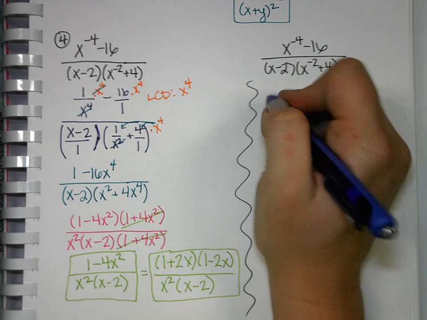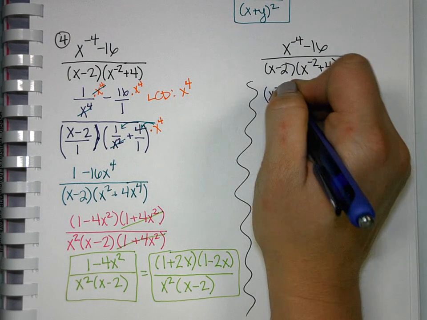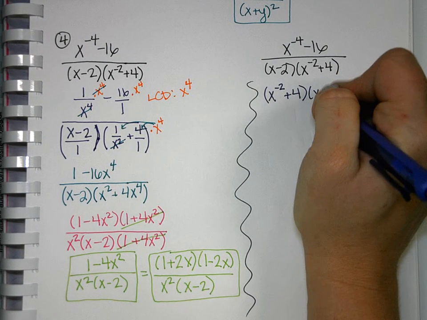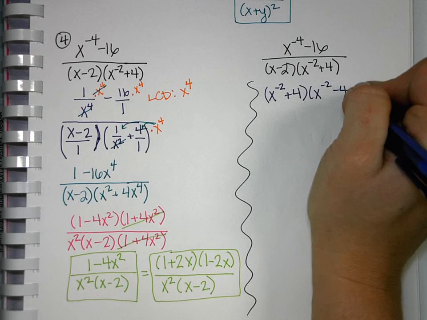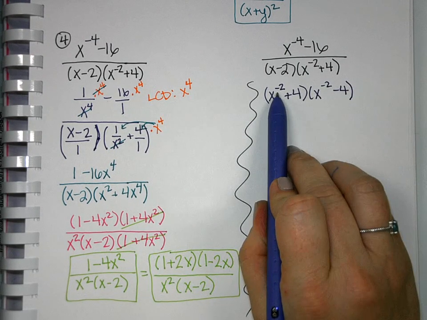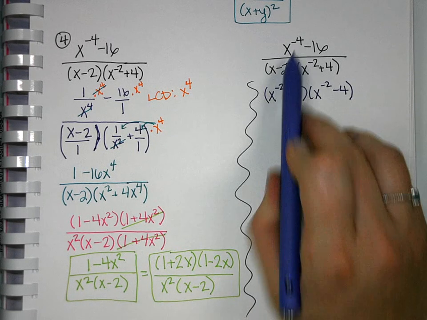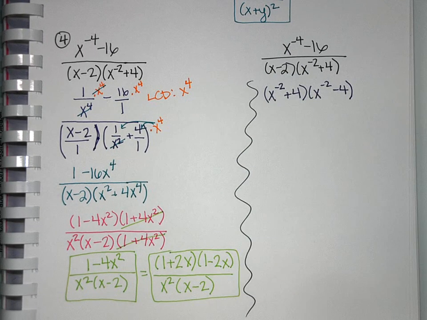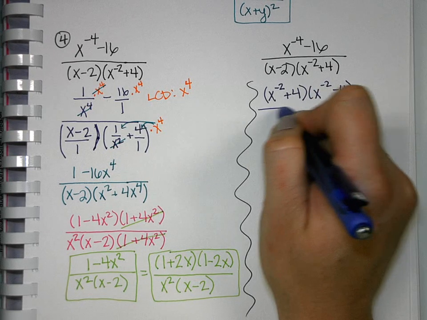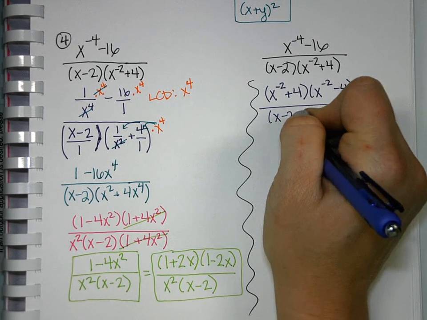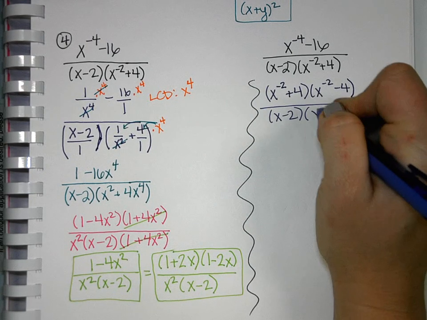We would take x to the negative 2 plus 4 times x to the negative 2 minus 4. So as long as when you multiply these back together, you get x to the negative 4th, you can have negative exponents and factor with them. Your denominator doesn't have anything that can factor, so we can just copy it down as it is.